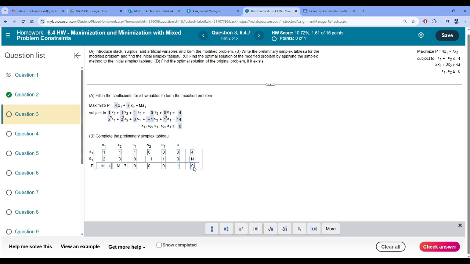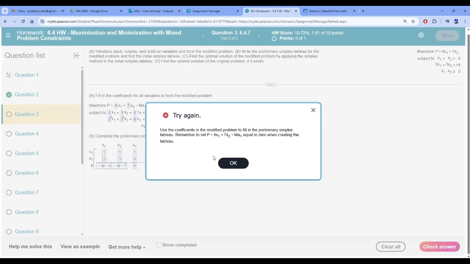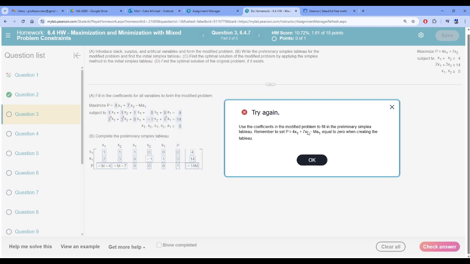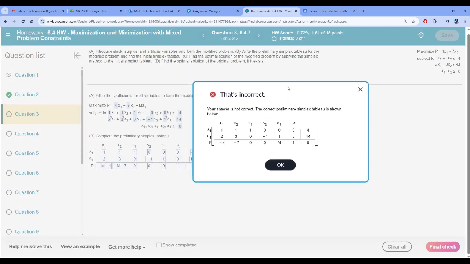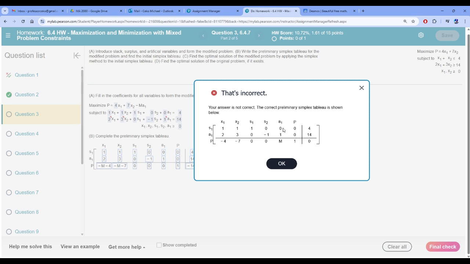So let's check this. Let's try -14 capital M. P equals 4x minus, I don't know where I messed up. 1, 1, 1, 0, 0, 4.